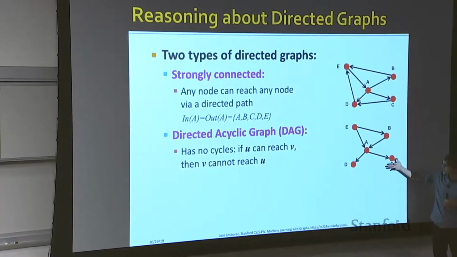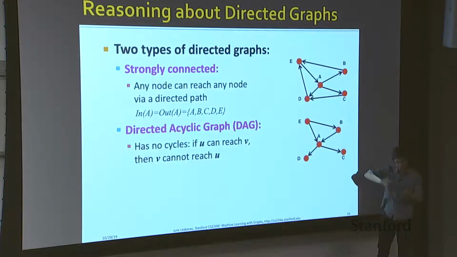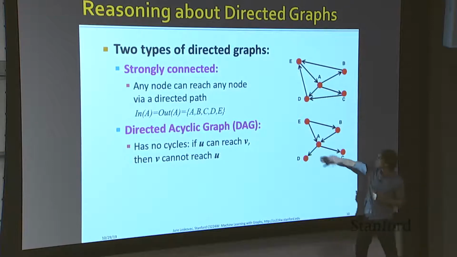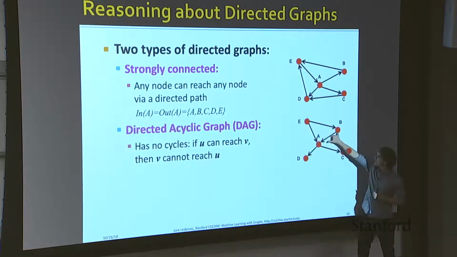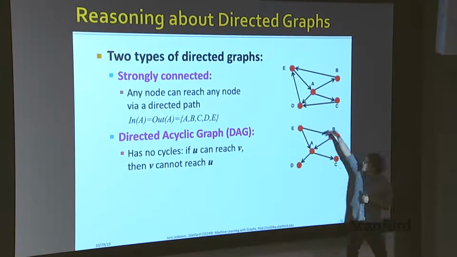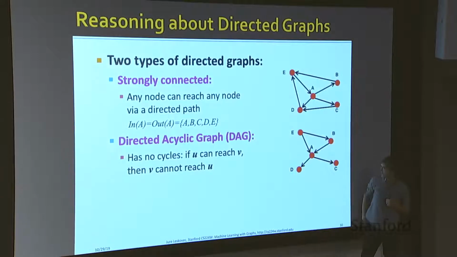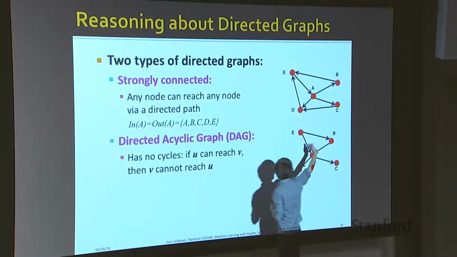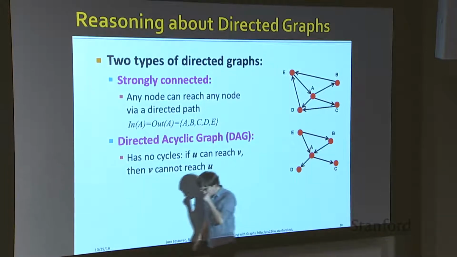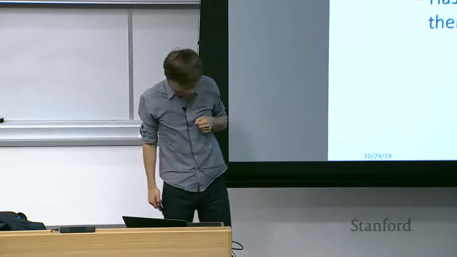You can think of it as some kind of generalization of the tree, right? Where any node can go to its parents, but you can never navigate to a child. So you can go from E to B and A, and then to C and D, right? But you see there are no cycles here. I can go one way, I cannot go the other way. But if it were a cycle, I could just cycle on the cycle.